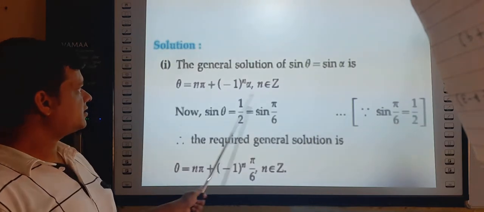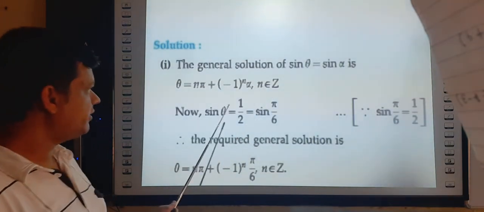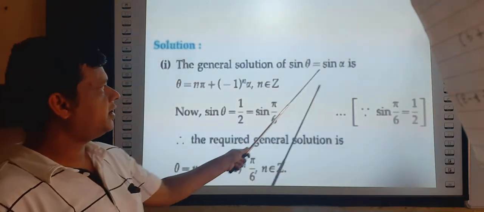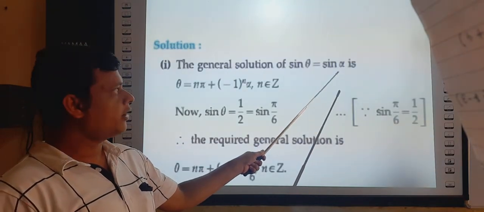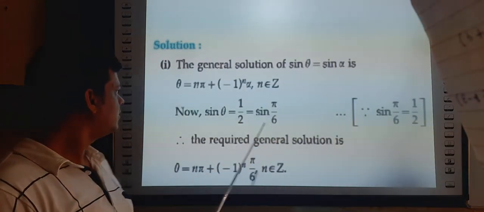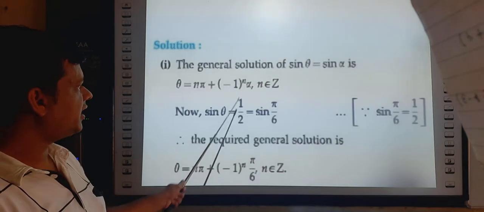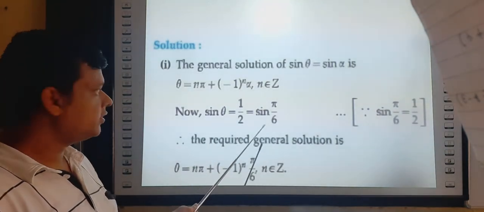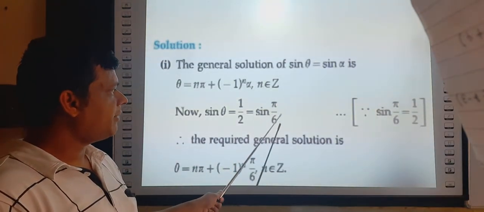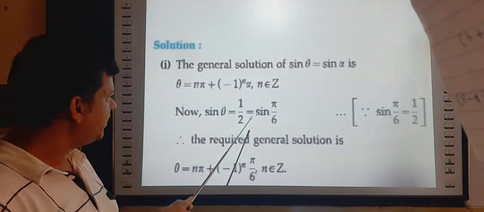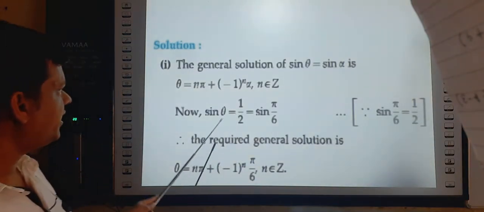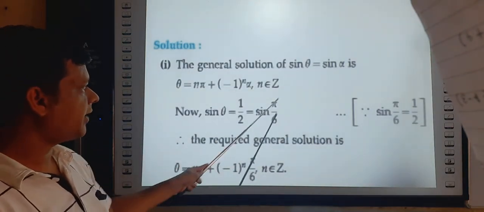Why do we write this general solution? Because the given problem is of the form sin theta equals sin alpha. We have to check first. Now the given value is sin theta equals 1 by 2. We know that for the angle pi by 6, sin pi by 6 has value 1 by 2. So we write here, in place of 1 by 2, sin pi by 6.